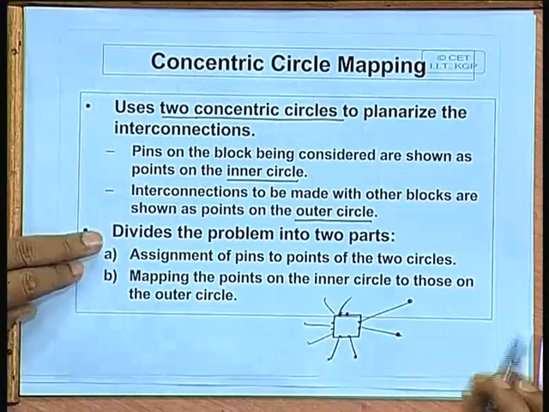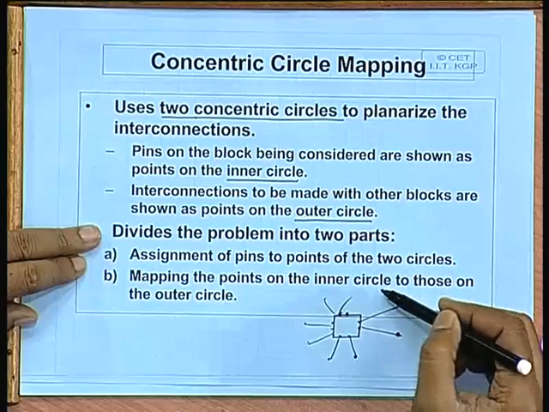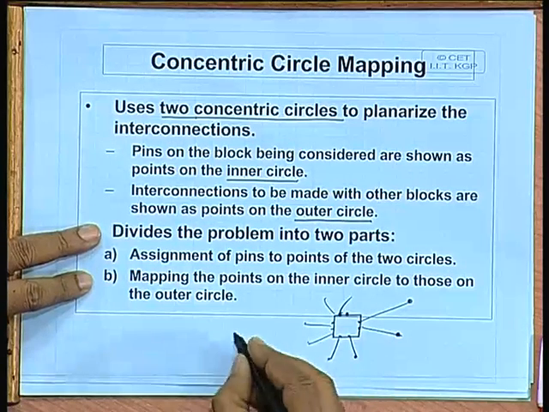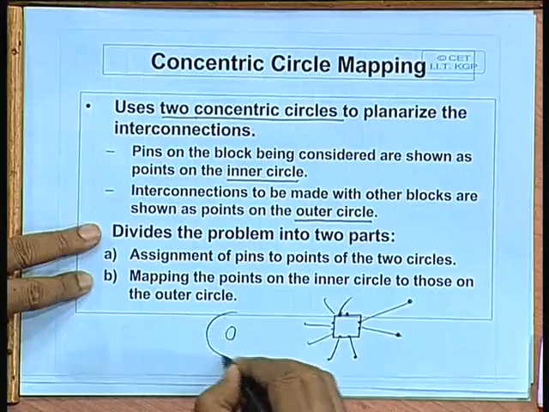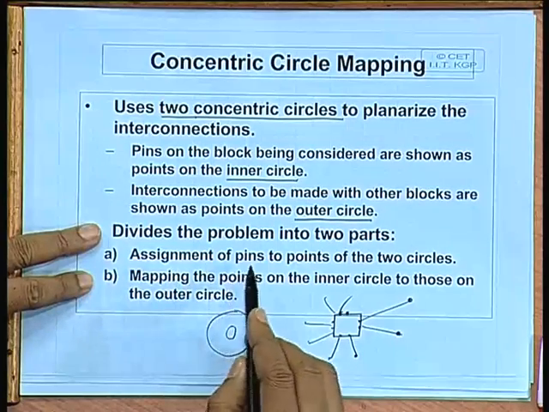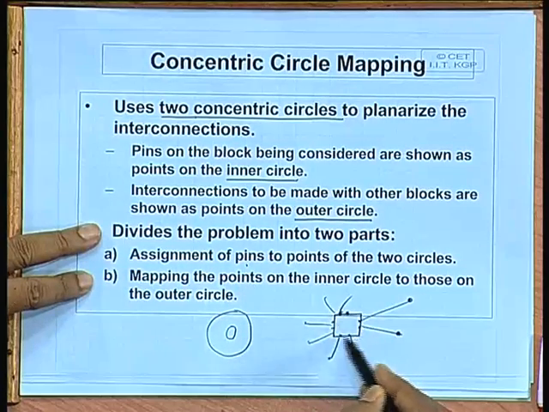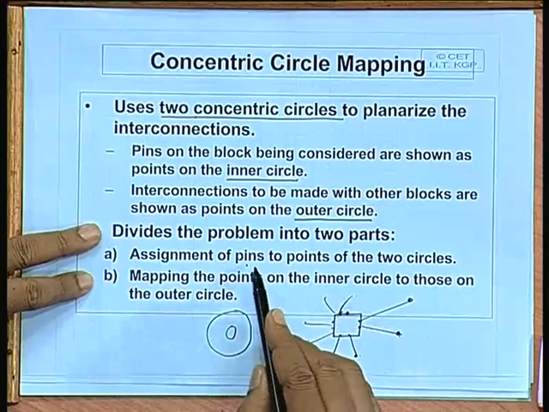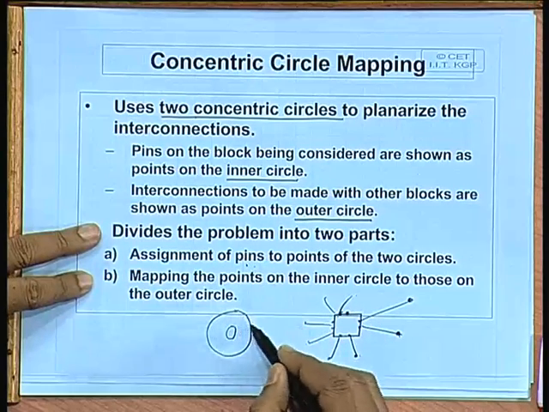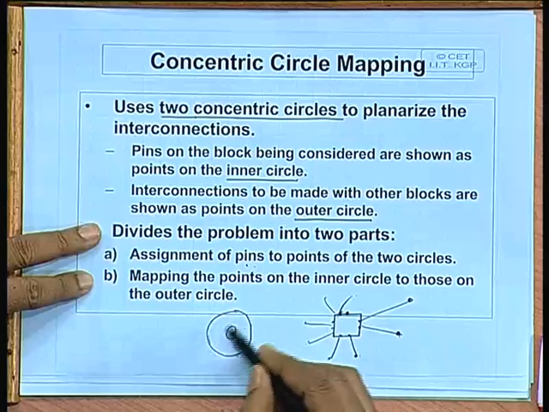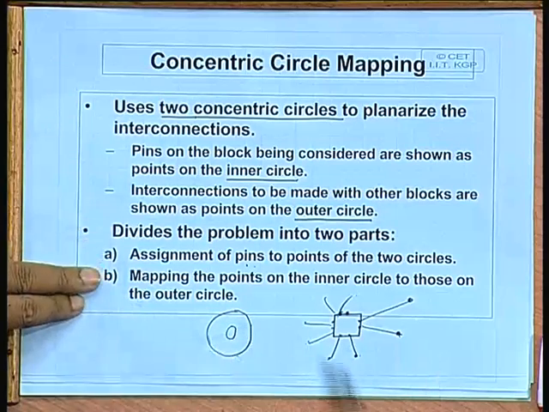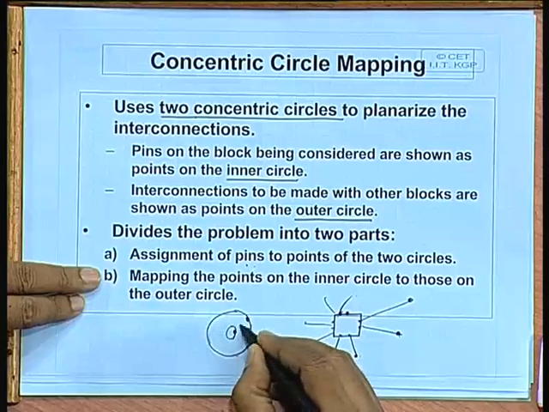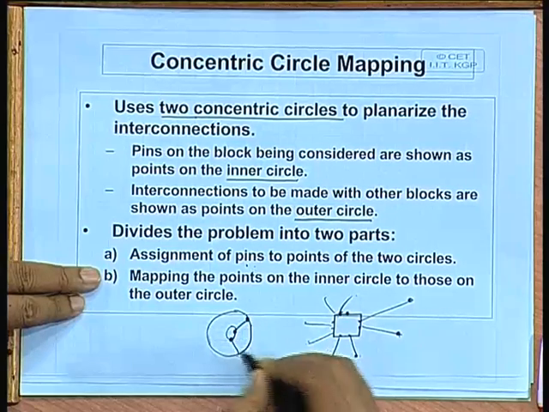So, we will see through the example that the problem is tackled or handled in two different parts. First is that with respect to these two circles, you assign the pins of the inner block as well as the other pins to which you want to connect to some points on the circumference of these two circles. Number 2, you map a point on this circle to a point on the other circle, somehow like this you map them.